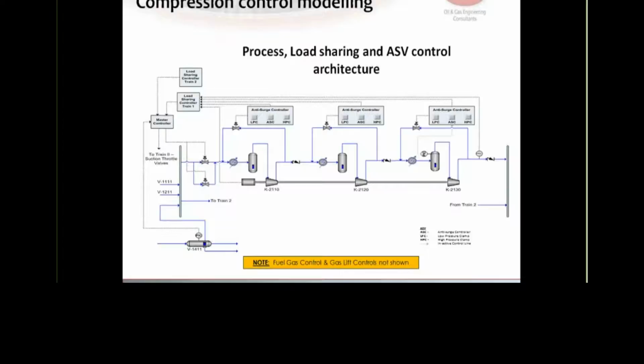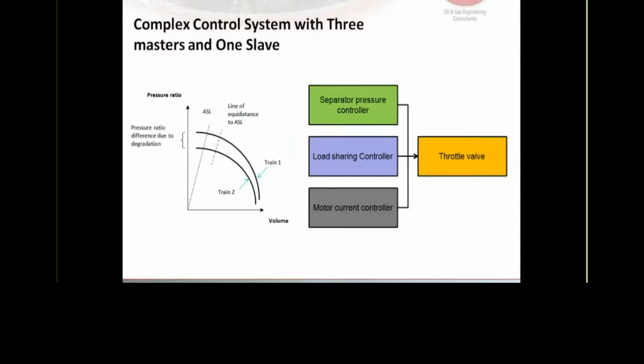So on a simple diagram, it is clear that it's a complex control system that we were facing, where you had 3 masters and 1 slave. And we all know that when you are in that situation, the slave is always going crazy. You can't really expect that he knows exactly what to do and when to do it, and the orders from the different controllers were sometimes contradictory, one after the other, and all of that contributed to the instability.